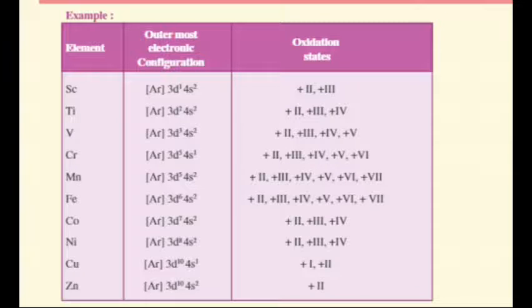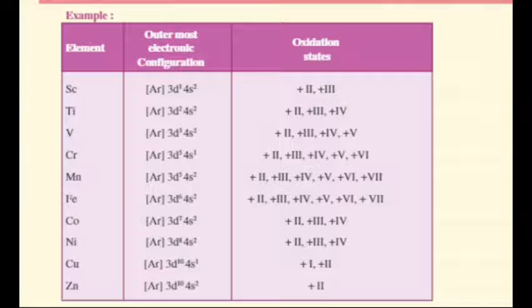Oxidation states of transition metals. Scandium, oxidation state +2, +3. Titanium +2, +3, +4. Vanadium +2, +3, +4, +5. Chromium +2, +3, +4, +5, +6.